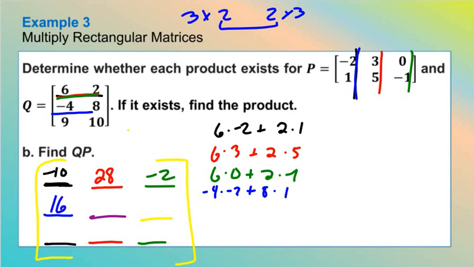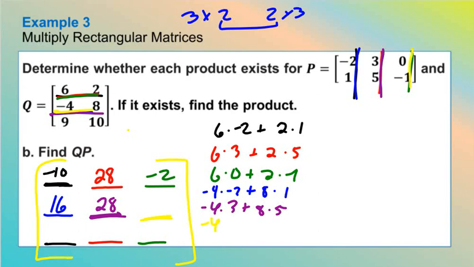Next, we have row 2, column 2. So negative 4 times 3 plus 8 times 5. So that's negative 12 plus 40 gives us 28. Next, row 2, column 3.